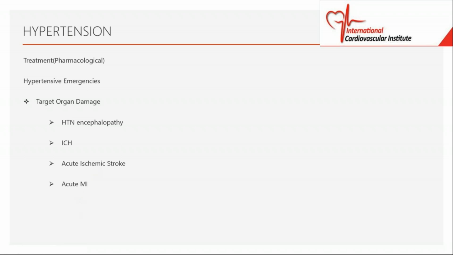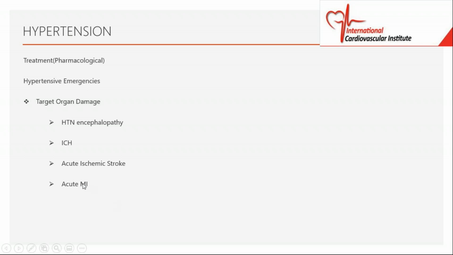The difference is that when you get a stroke, the autoregulation is disrupted and your blood pressure can go up as a result of that. But a hypertensive emergency can give you intracerebral hemorrhage. It can give you an ischemic stroke. And there's a difference. So you have to know the difference.